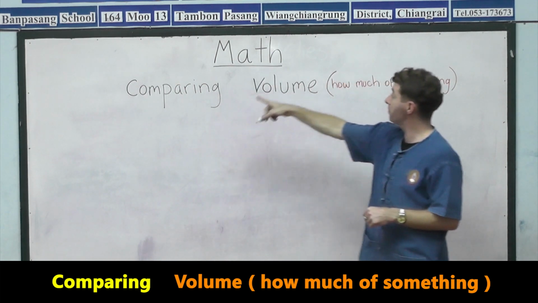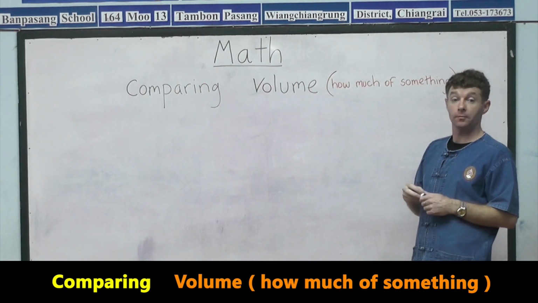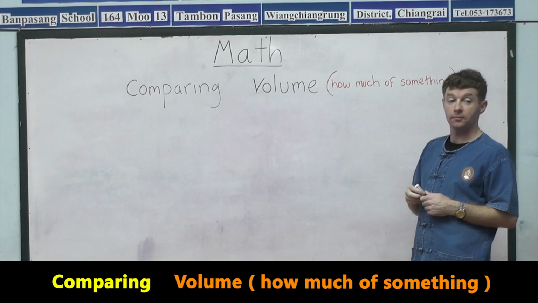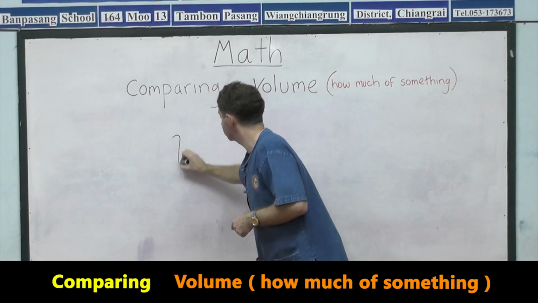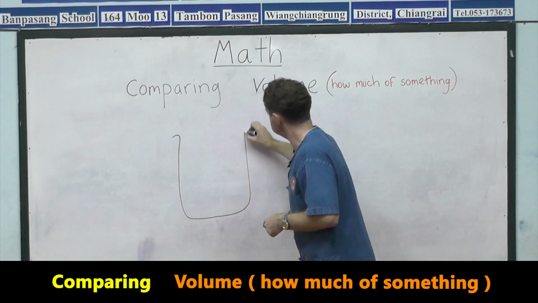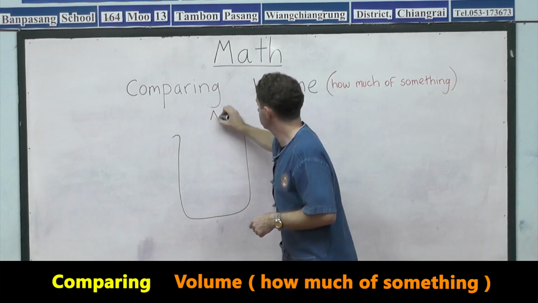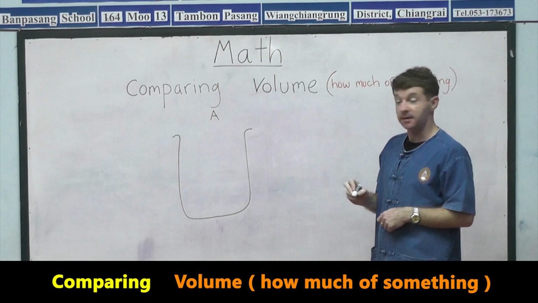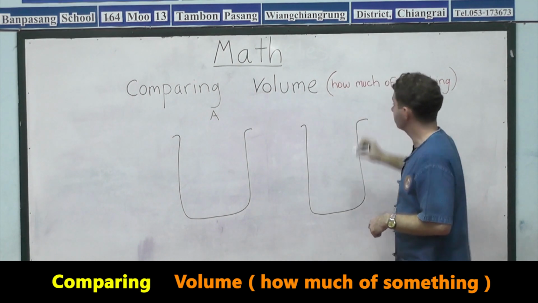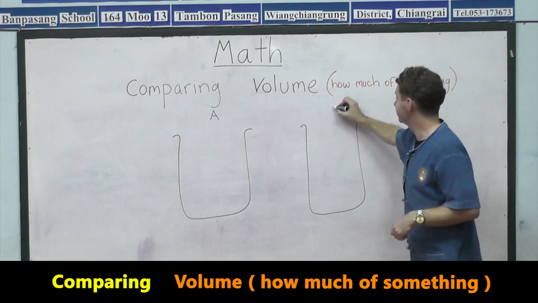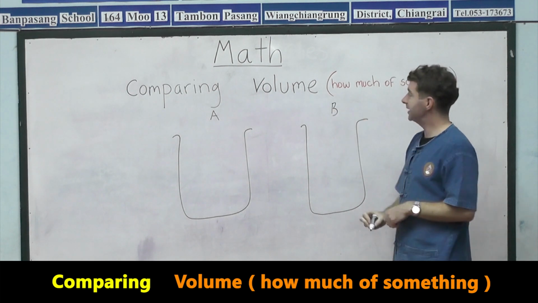Okay, so I will draw two containers. Container A. Container B. Very good.